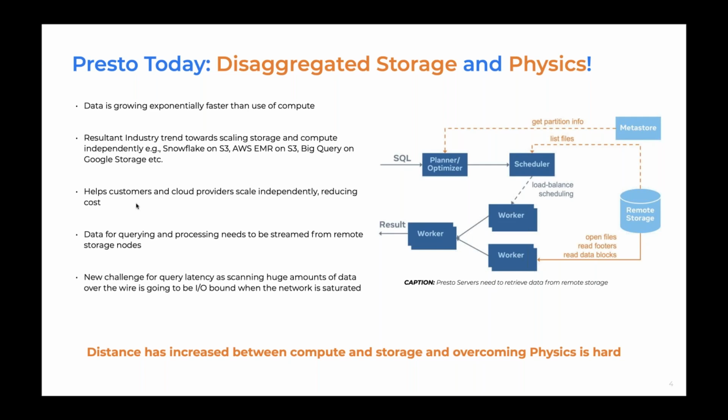Before talking about hierarchical cache, let's talk about disaggregated storage. Disaggregated storage has been a fantastic design pattern which allows storage and compute to scale independently. It is popular in Snowflake with S3, AWS EMR with S3, BigQuery with cloud storage.